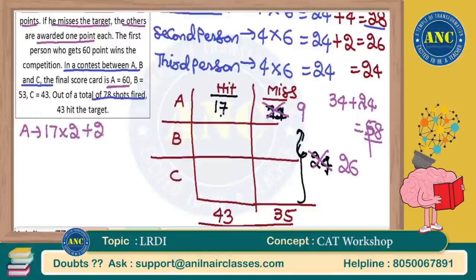If he missed the target, I will get 1 point. 34 plus 26 is 60. A value is also 60. That means my assumption is fact. 17 is the right answer. 17 plus 9 is 26. 26 means A is the second person.